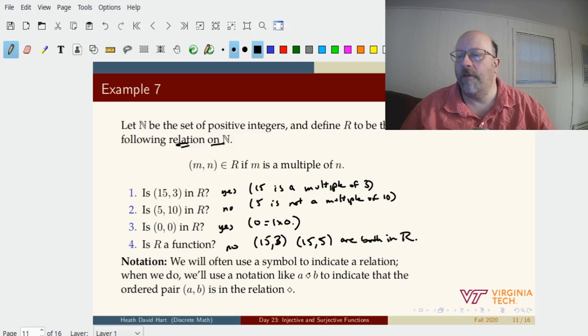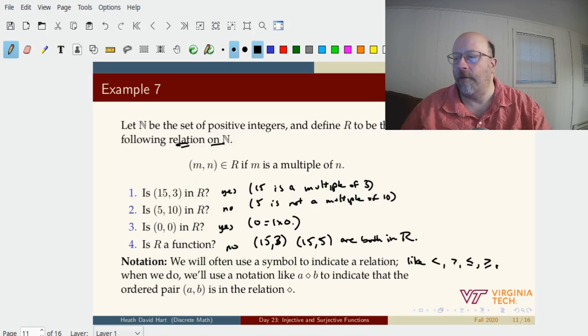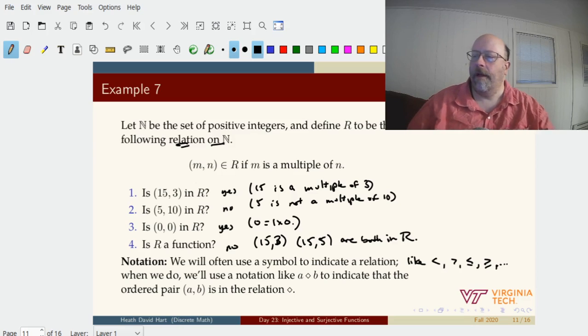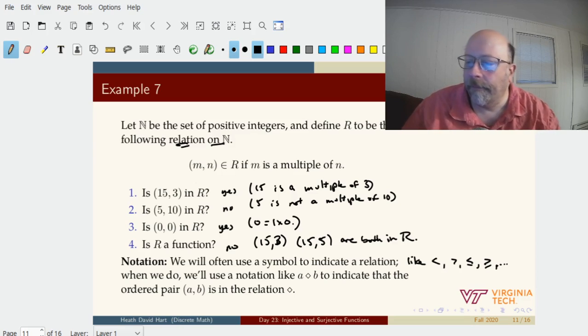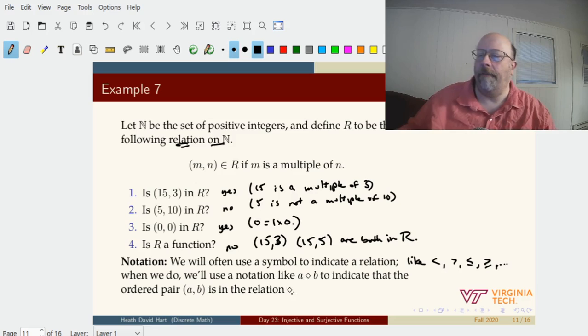A lot of times we'll use a symbol to indicate a relation, like less than or greater than, are the two common ones, but we can also have less than or equal to, greater than or equal to as well. This indicates that the ordered pair is in the relation, the set of that relation. Okay?